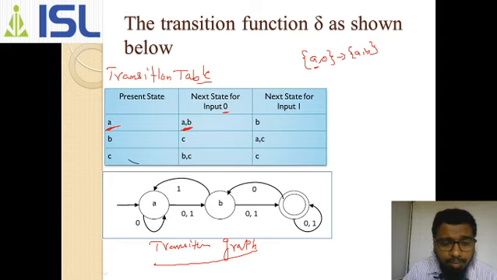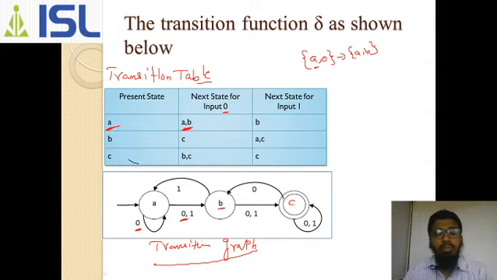If A gets 0, where does it go? A and B. A on 0 is going to A, and it is going to B also. So A on 0 goes to A as well as B. First we will do the table, then we will see the graph.